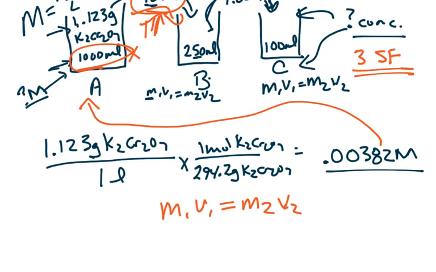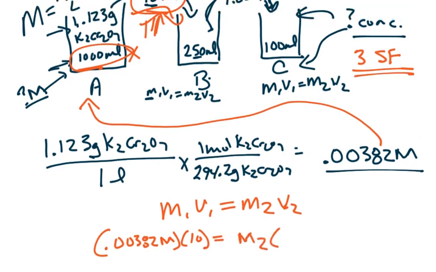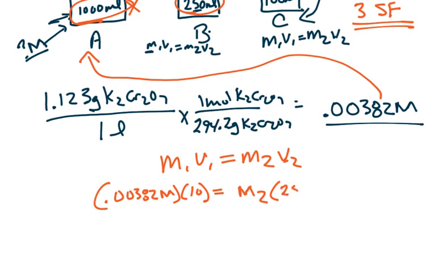So 0.00382 molar. We are going to take 10 mLs of that stuff. And then we want to figure out our new molarity. And our new volume is 250 mLs.